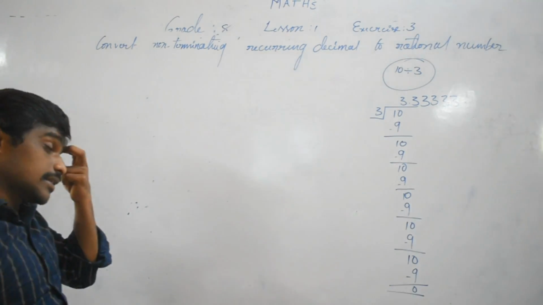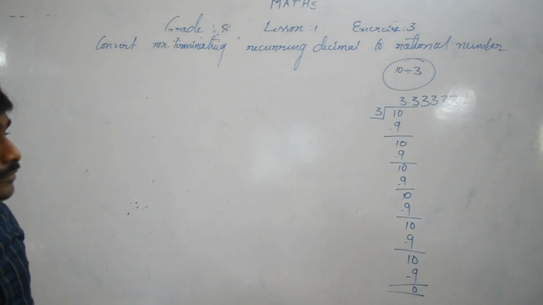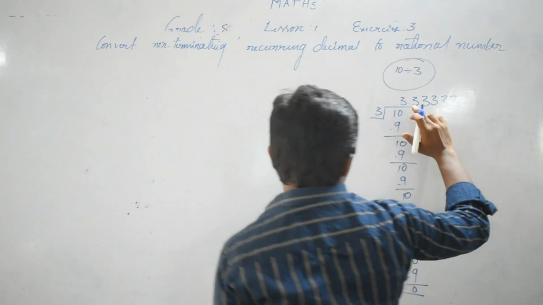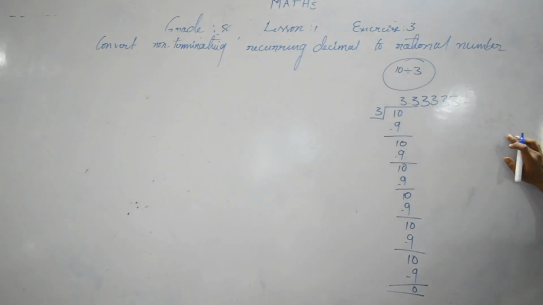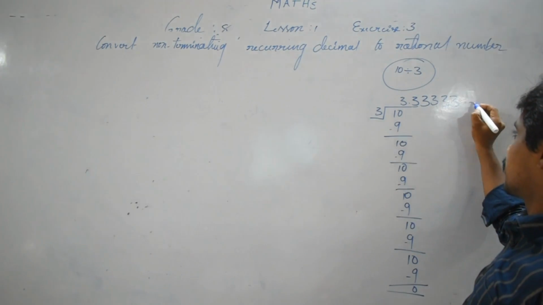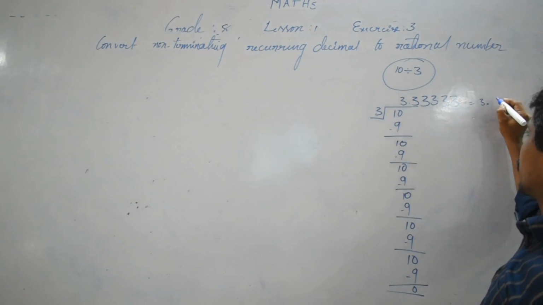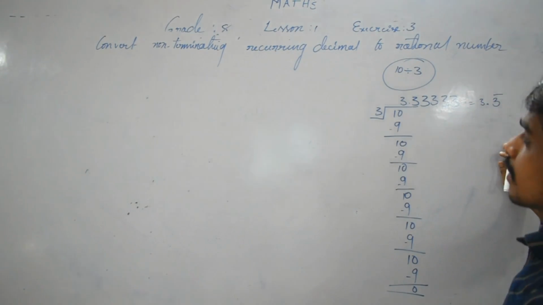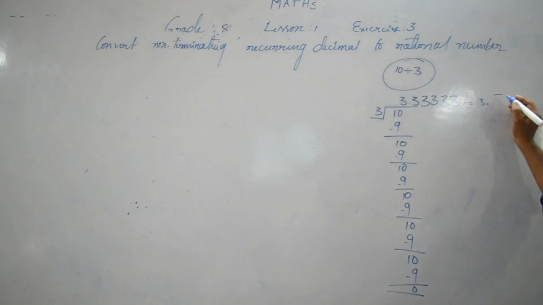Now here, see, one problem. Here in the decimal number, one number is repeating. So how do we write this? 3.3 bar. This bar means only this number is repeating.